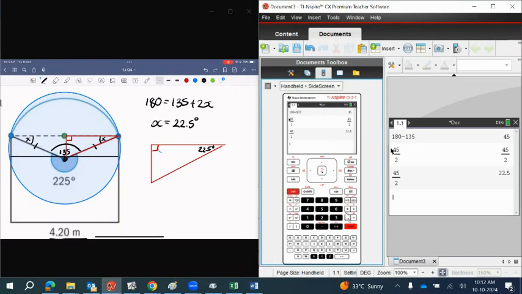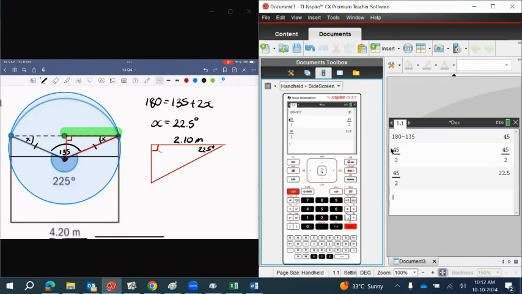And then we can figure out what this length here across the top is. That's going to be half of 420, so this length here is going to be 210 meters.